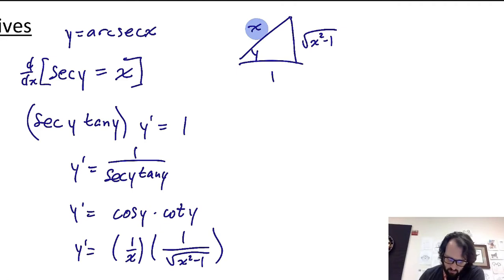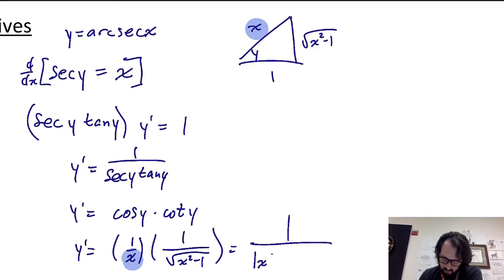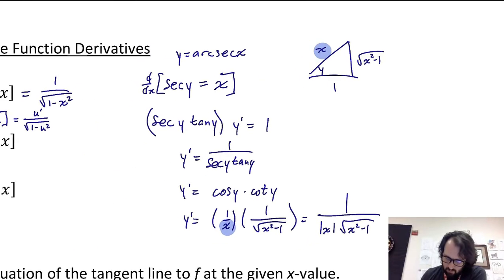So if for whatever reason this x is a negative number, we need to eliminate that and make this a positive value. Well, the way that we make anything positive is by adding an absolute value. So this will be rewritten as 1 over absolute value of x times the square root of x squared minus 1. I don't need to worry about the x on the inside because the square will make it positive anyways. So that's essentially where that absolute value is coming from.